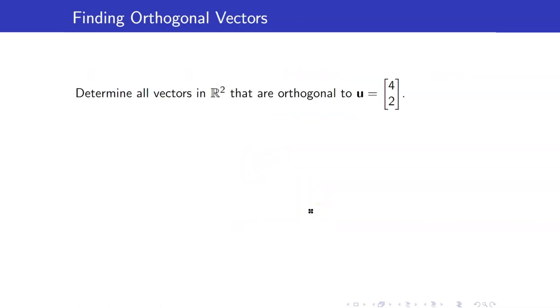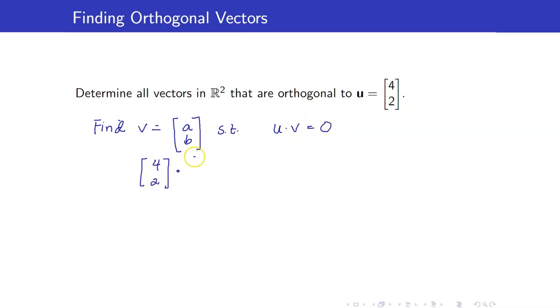Let us find orthogonal vectors. Suppose that we want to find all the vectors in R2 that are orthogonal to (4, 2). This means that we are looking for vectors v of the form (a, b) such that u dot v is equal to 0. So we have (4, 2) dot (a, b) is equal to 0.